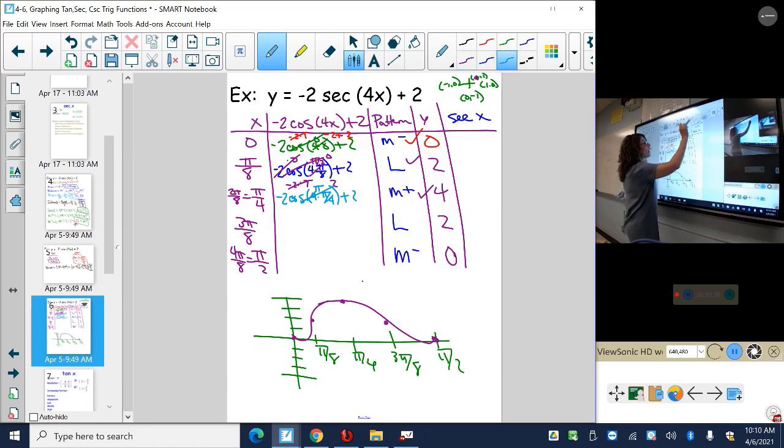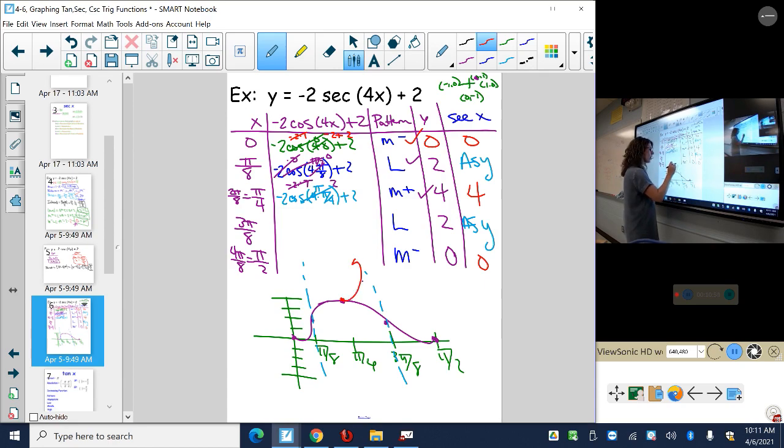Now, we have to graph the secant graph. I said that all of your levels turn into asymptotes. So that means I have a dotted line here and a dotted line here. Then I said that these values of the 4 and the 0 are going to stay the same, but they are going to turn into parabolas. So I'm literally going to draw a parabola for only what it is. So I'm reflecting the purple graph, and what I actually need are the red.